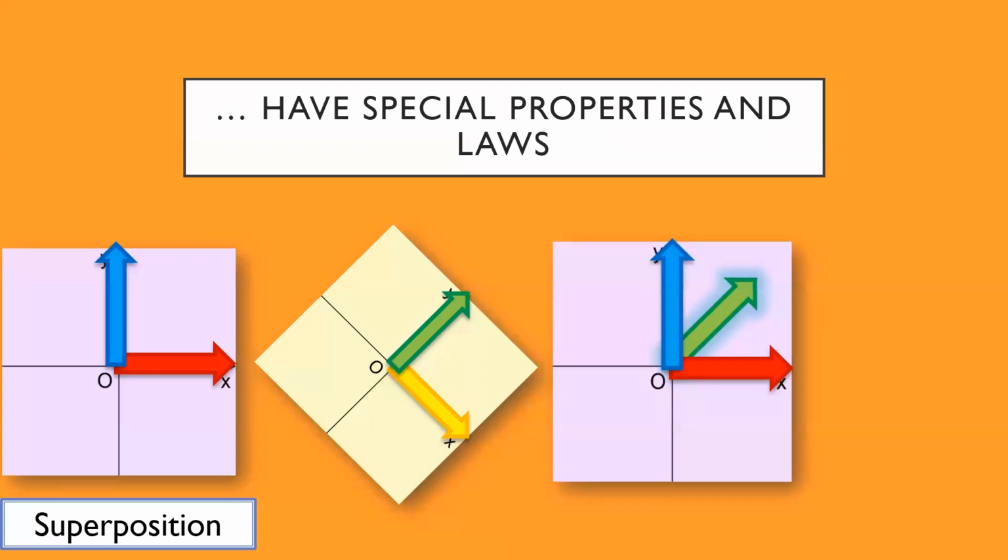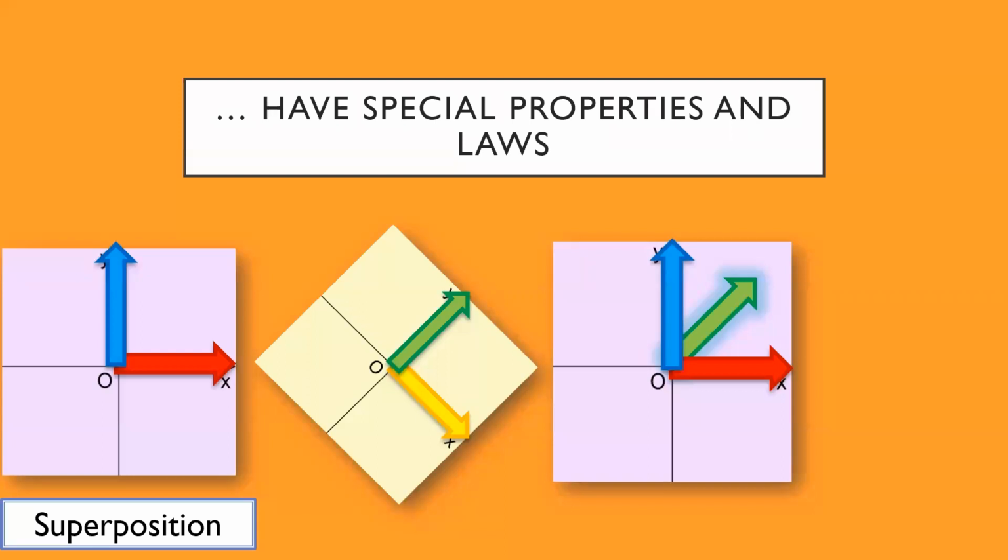So what happens if we observe a diagonal arrow in the violet basis? What we observe is that this arrow for us will be in a superposition. So 50% probability that I measure it as a horizontal arrow and 50% probability that I measure it as a vertical arrow. So in this basis, the diagonal arrow is in a superposition of horizontal plus vertical. And when we measure it, as I said, it collapses on one of the two states.